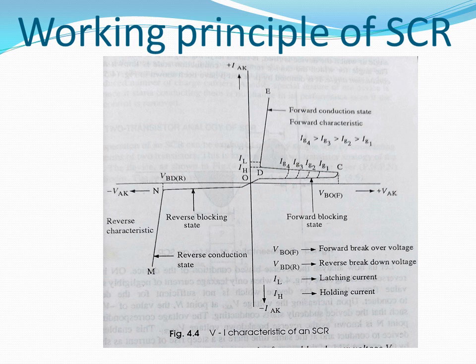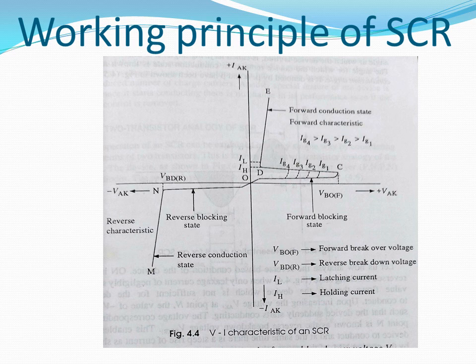Now we will switch over to the VI characteristics. From VI characteristics we can see for the forward biased condition, OC is the forward blocking state when the SCR will not conduct. Only a small amount of leakage current will flow through the SCR.